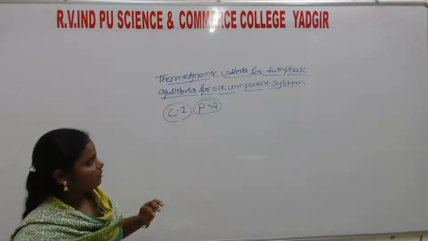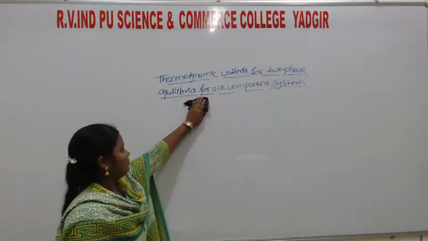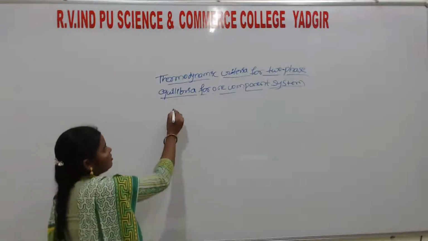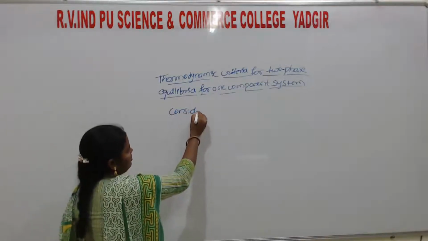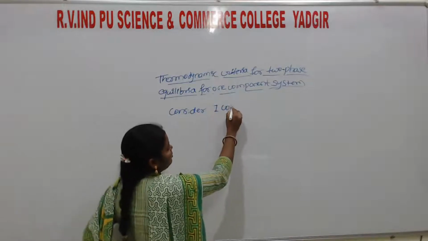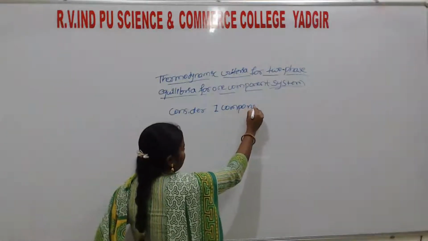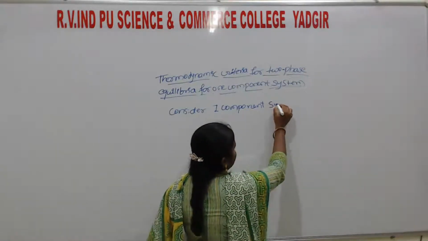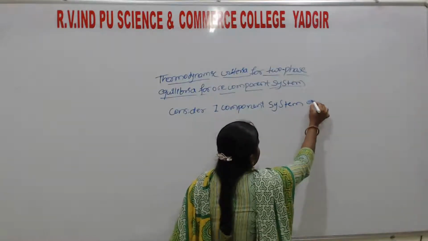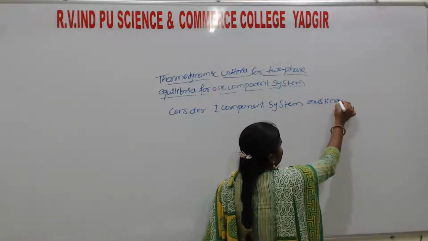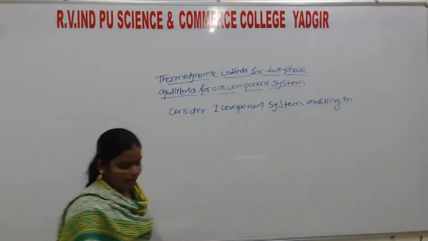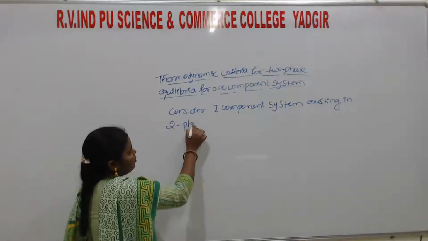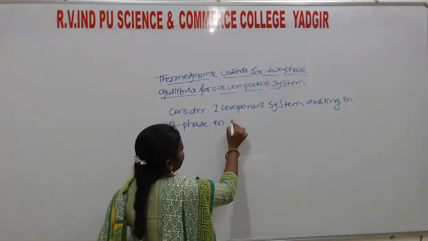Here, I write: consider one component system existing in two phases in equilibrium.